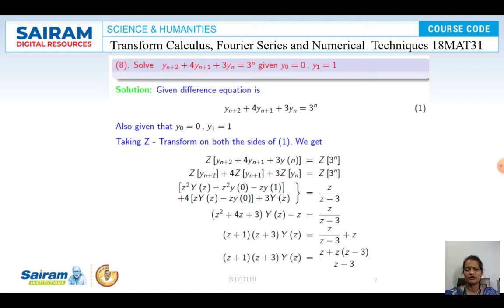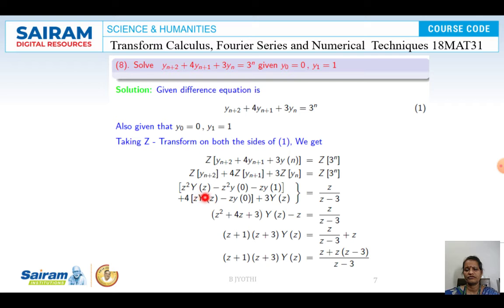Taking the z transform on both the sides of equation 1, we get z transform of y(n+2) + 4y(n+1) + 3y(n) equals z transform of 3^n. Let us apply the shifting property.